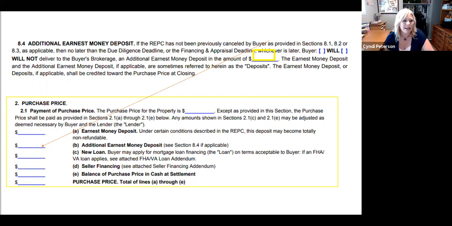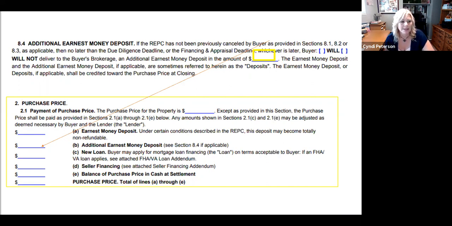On here it reads that if the REPC has not been previously canceled by the buyer, as provided in sections 8.1, 2, and 3, which is the due diligence deadlines, and financing and appraisal deadline, whichever is later, the buyer will or will not deliver to the buyer's brokerage an additional earnest money deposit in the amount of blank. The earnest money deposit and additional earnest money deposit, if applicable, are sometimes referred to as deposits.